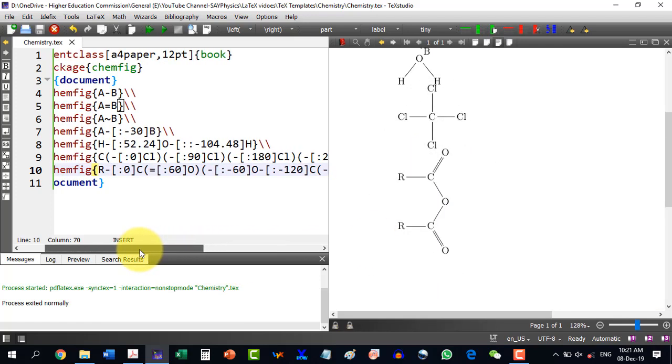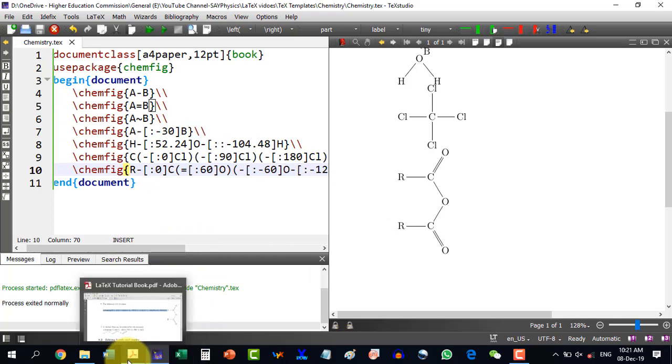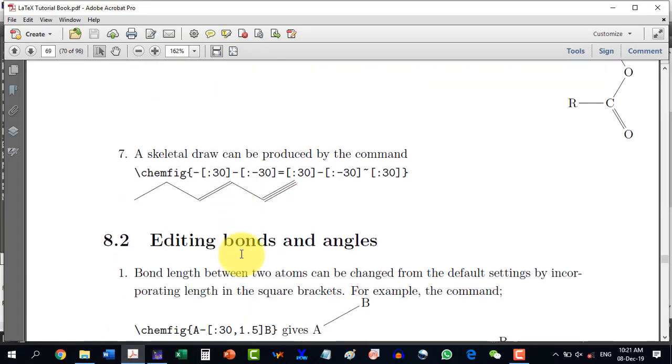So after this, let's start with 7. A skeletal draw can be produced by the command, which is this one. Now we are not writing the atoms but directly the bonds. So here there is a bond which is at 30 degrees, so a horizontal line, this is at 30 degree, and then there is another bond which is at minus 30 degrees, so horizontal line here and minus 30 degree.